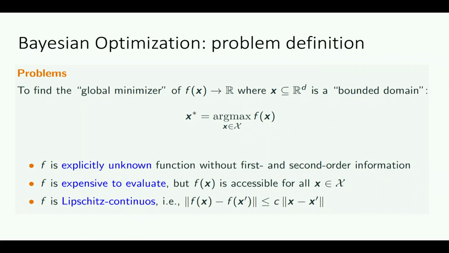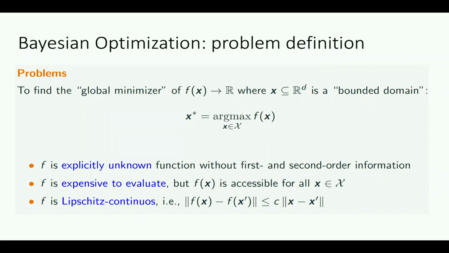And usually for BO, they assume a bounded domain, because when you run this search, it makes it easier if you assume that you're not searching in unlimitedly wide domains. But this is just a common assumption that usually is satisfied.